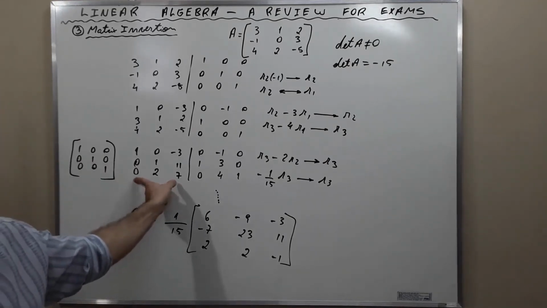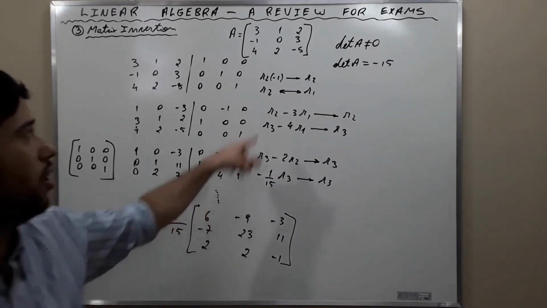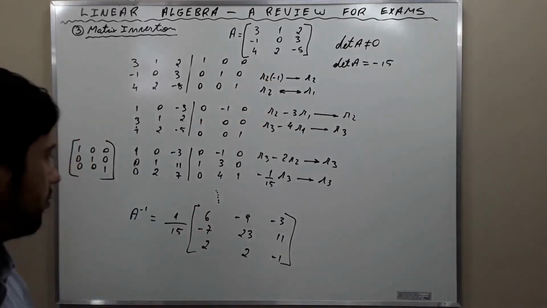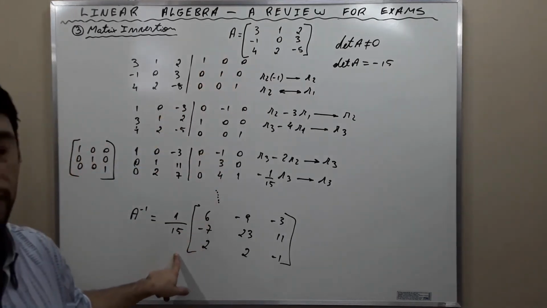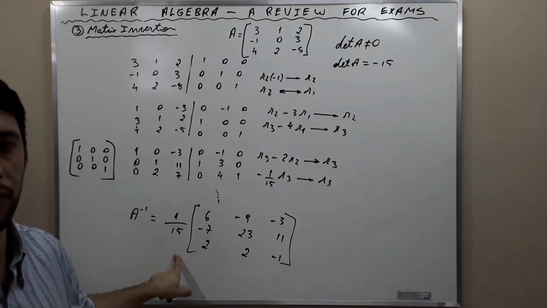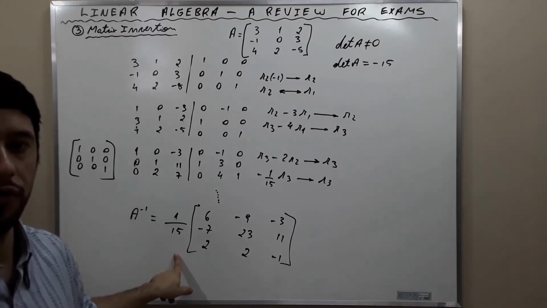What is left at the right side is the inverse of the original matrix. And for this matrix here, this is the inverse matrix. Okay, this is the idea behind matrix inversion.